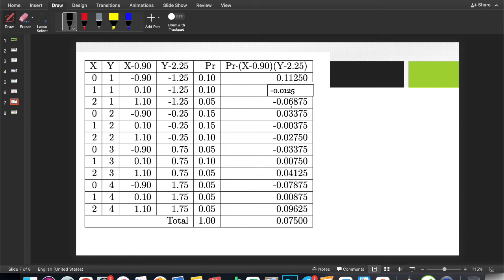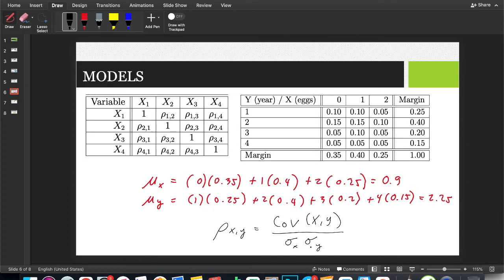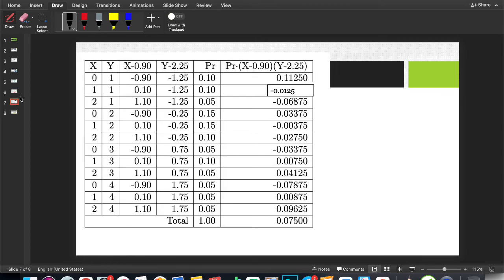So if you get the sum of these numbers, it will total to 0.075. Now since our equation for correlation requires standard deviation, all we need to do is to calculate the variance.